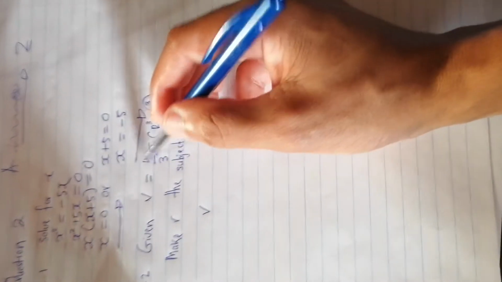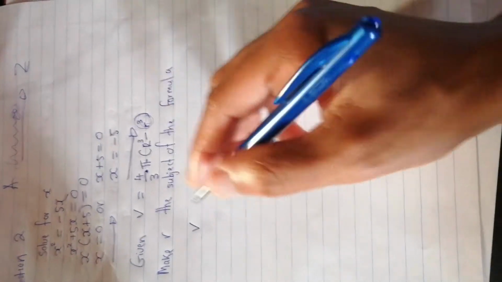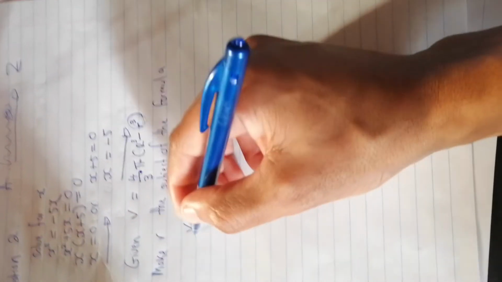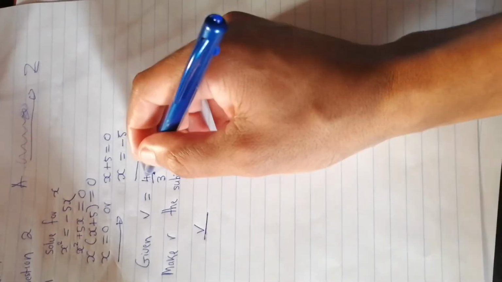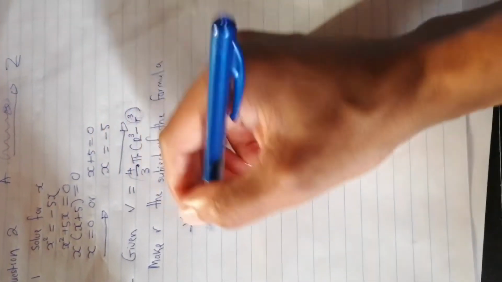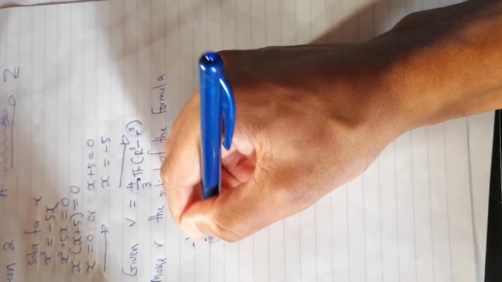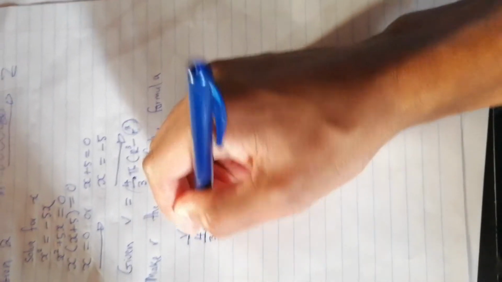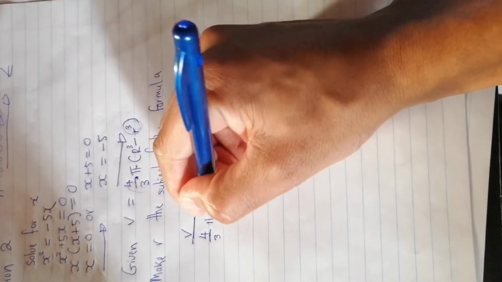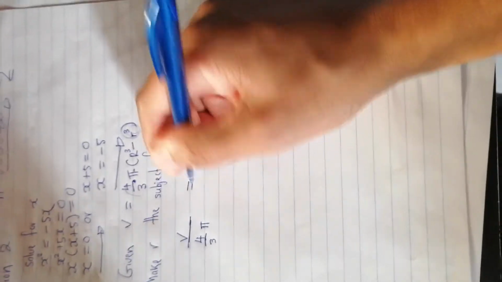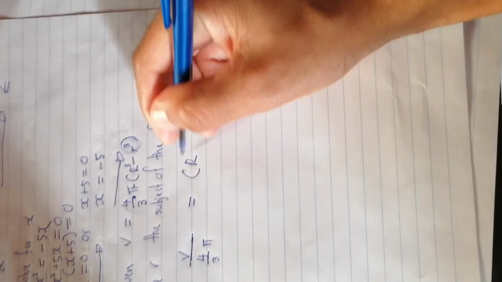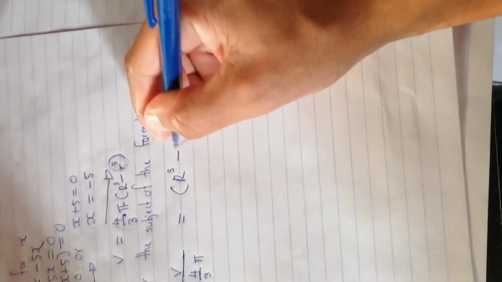So the 4 over 3 is being multiplied to pi, and the pi is being multiplied to this entire bracket. So if you take this over, you have to take it over as division since it's multiplication this side. So it becomes 4 over 3, and that pi, you can also take that pi over, then you can leave the brackets, so you have that.